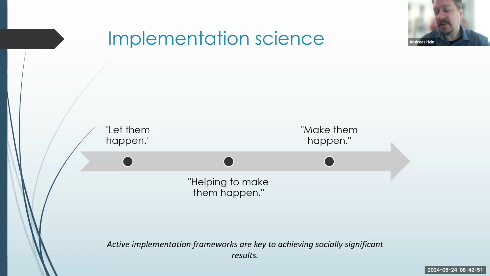This is the case, for example, when I talked about the experience of the earthquake. The usual approach we can take is to let things happen, let things play out. We can take an intermediate approach, where we give you technical assistance to make things happen. And the third approach is to take an active role and say we will make things happen. A key takeaway message is that implementation science requires an active approach.